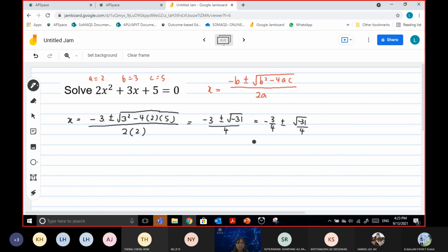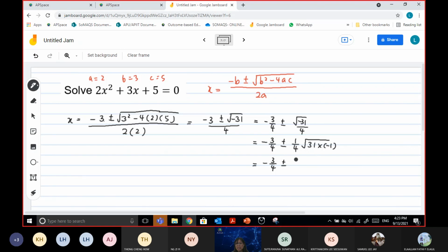Now, negative 3 over 4 plus minus, can you see we have 1 over 4, then inside the square root we have 31 multiplied by negative 1. I show you step by step.